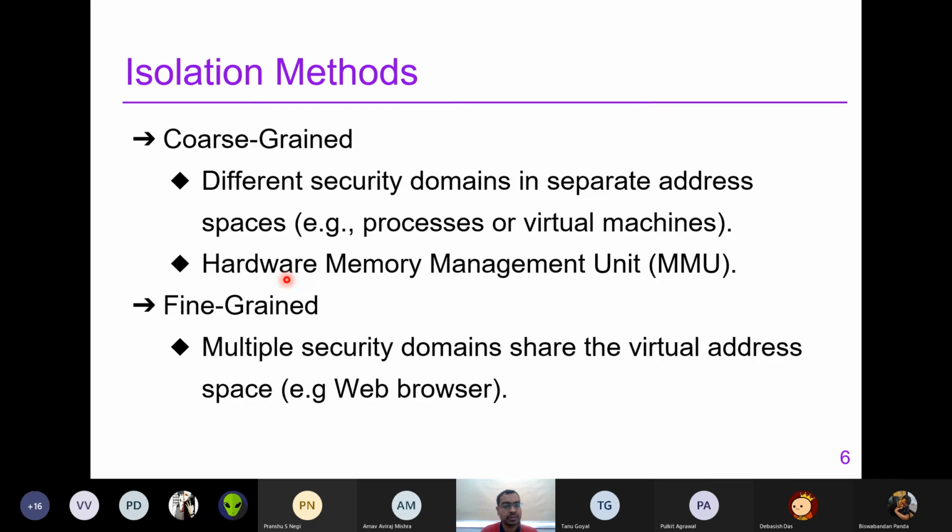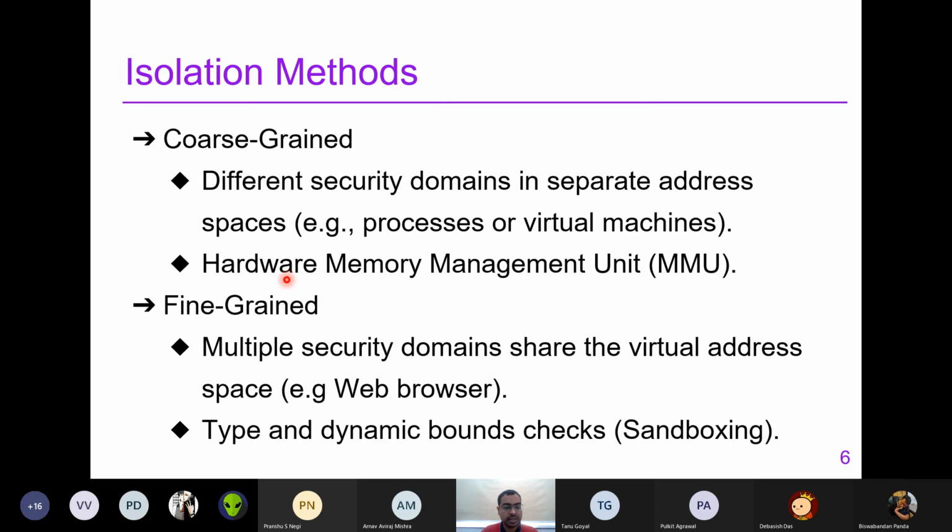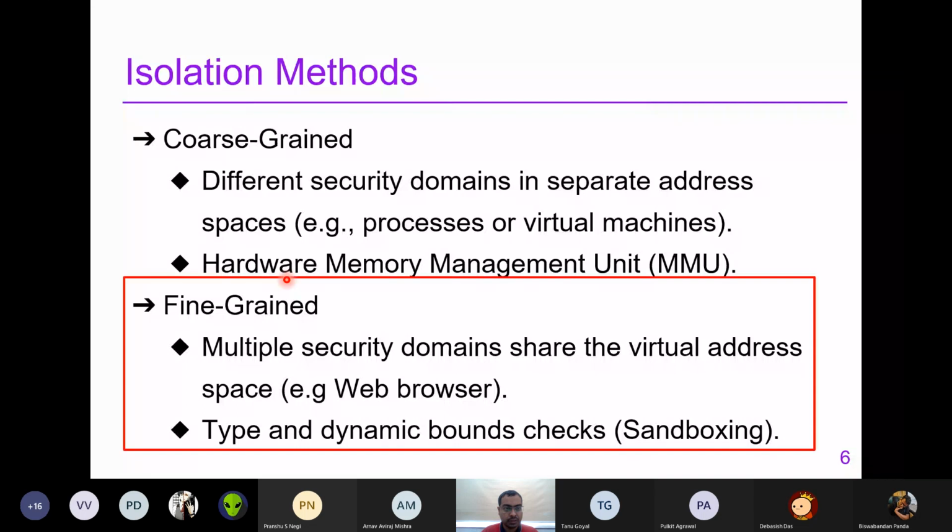For example, in a browser, different websites share the same virtual address space, but the browser isolates the websites from accessing each other's data. This is achieved through type and dynamic bound checks, like placing checks so that beyond this address you are not allowed to access data. This is called sandboxing.